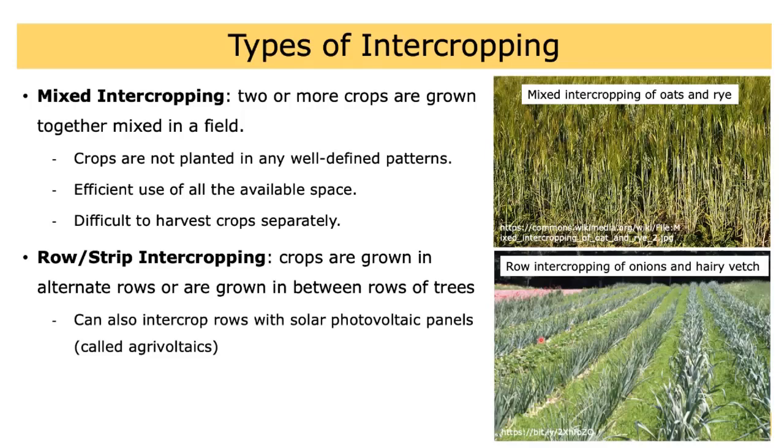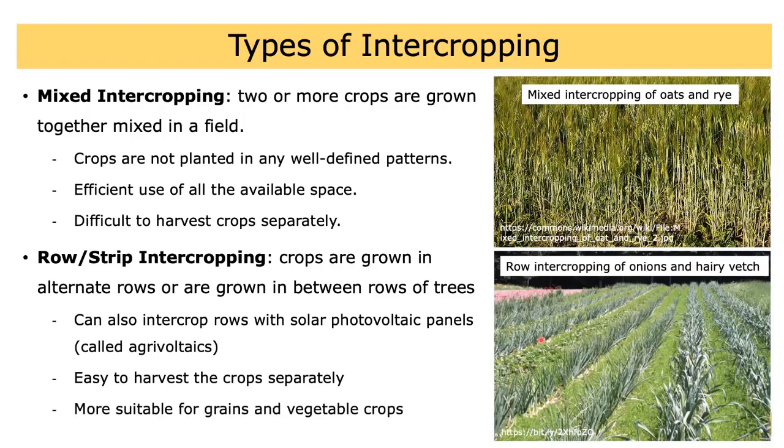Row or strip intercropping can also intercrop rows with solar photovoltaic panels, also called agrivoltaics. It's easy to harvest the crops separately, and row or strip intercropping is suitable for grains and vegetable crops.